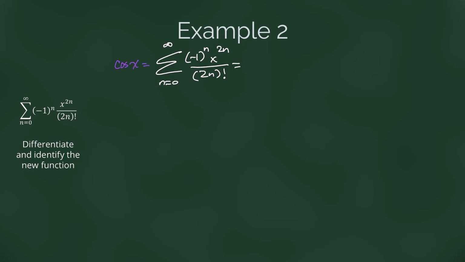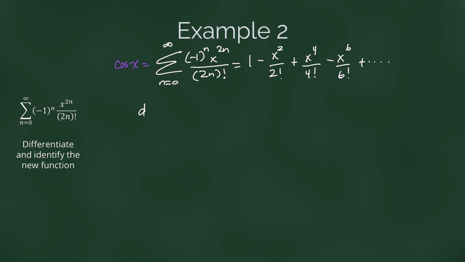Let's look at it piecewise. If we start writing out the terms of this, we get 1 minus x squared over 2 factorial plus x to the fourth over 4 factorial minus x to the sixth over 6 factorial, and so on and so forth for all of the even powers of x.